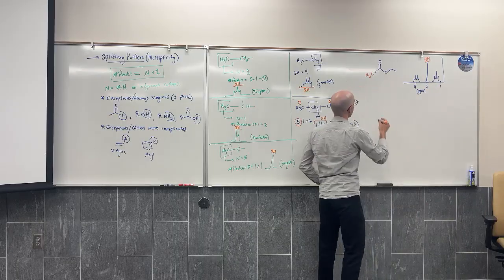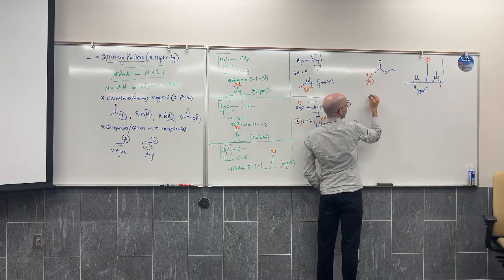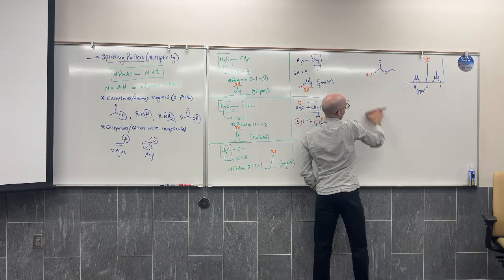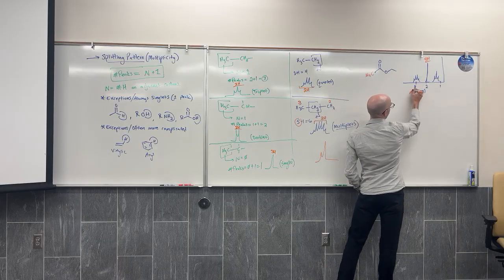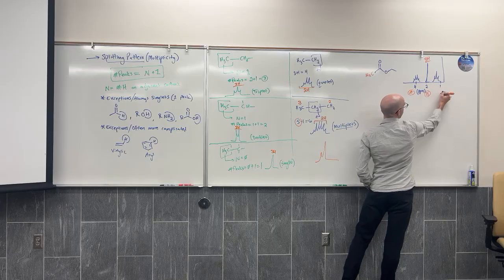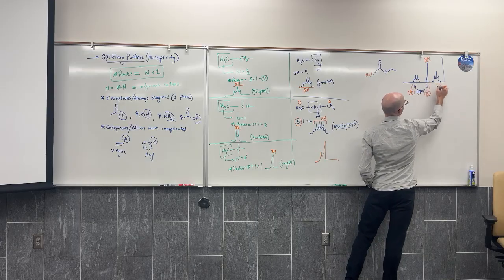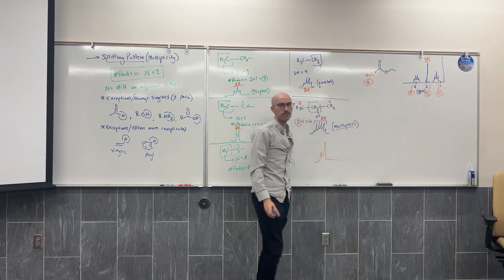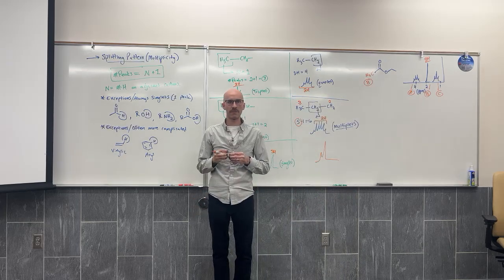Another way that you could label this, you could call these A, and then call this A, although I'll be honest, I actually prefer to call them A, B, C from the spectrum, which means I would come back here and label this as B. And in lab next week, that's how I'm going to encourage you to do it as well.